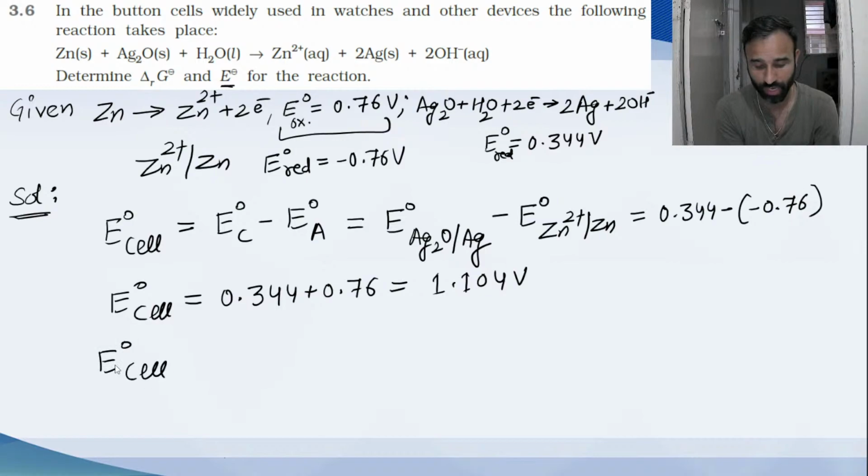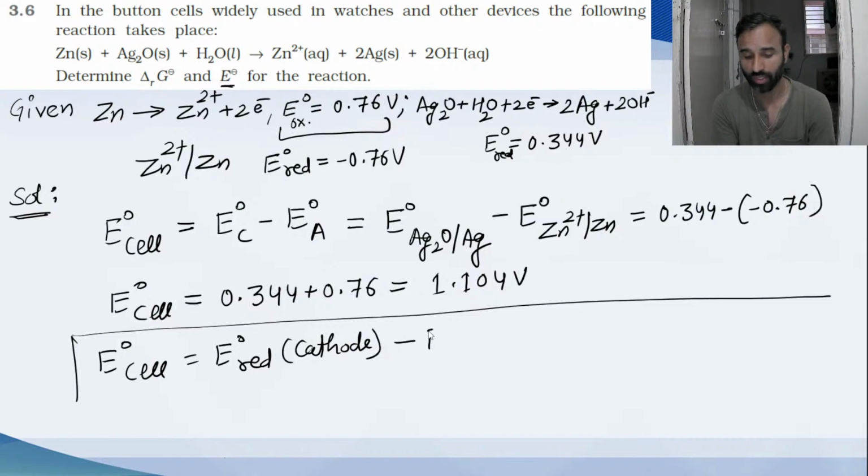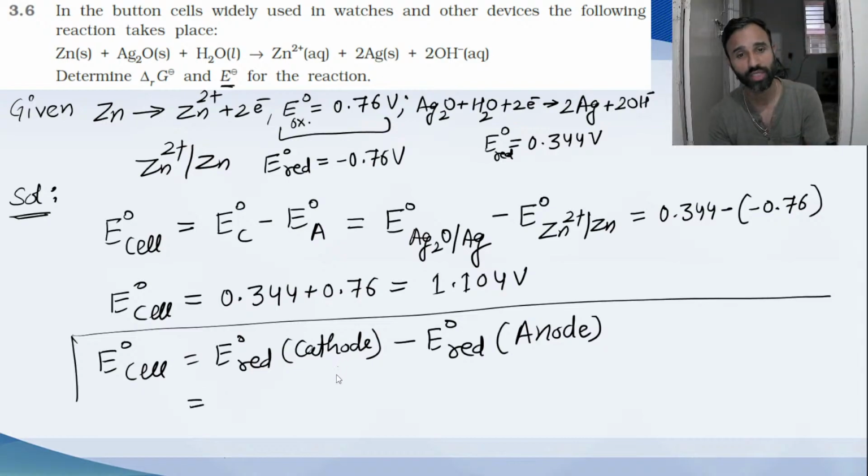Once again, I repeat, what is E° cell? E° reduction of cathode minus E° reduction of anode. At the cathode reduction takes place, that's why it is a positive value. At the anode oxidation takes place, that's why it is minus E° reduction.